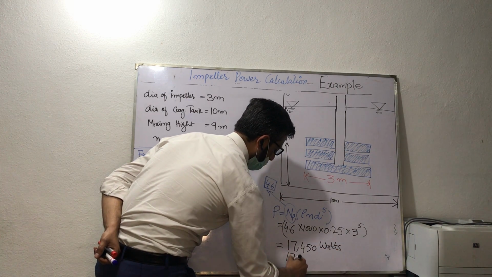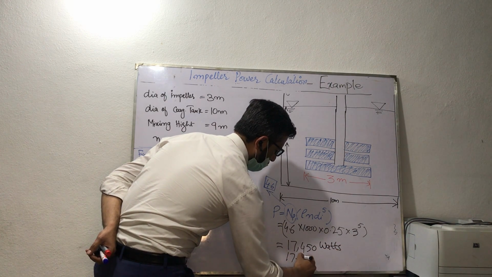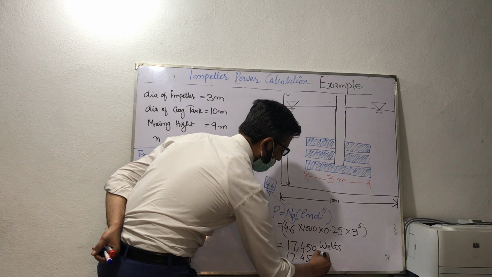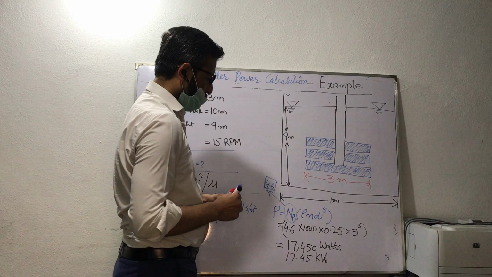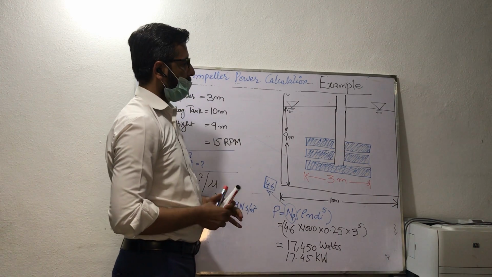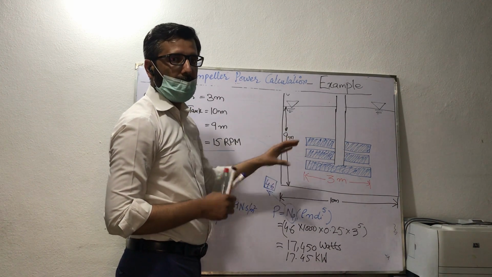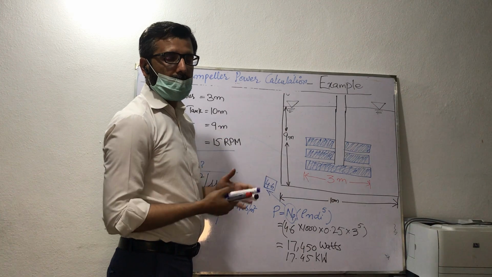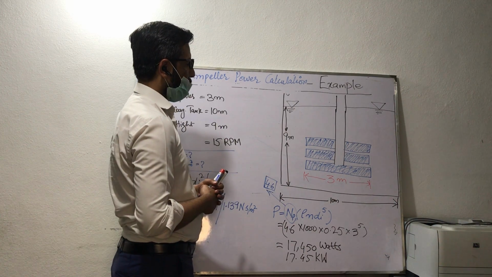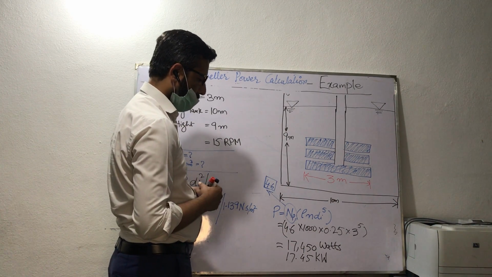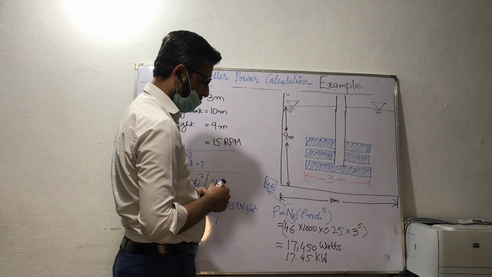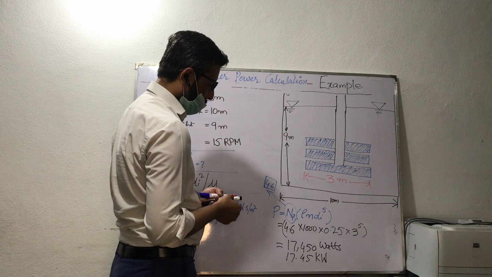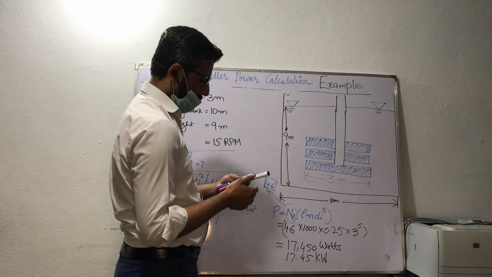This can also be calculated as 17.45 kilowatts. This is the value of power which is required by this impeller for mixing the raw water with the chemical, or homogenizing it. Then we have to calculate the power per volume.